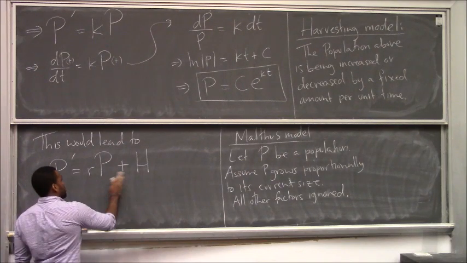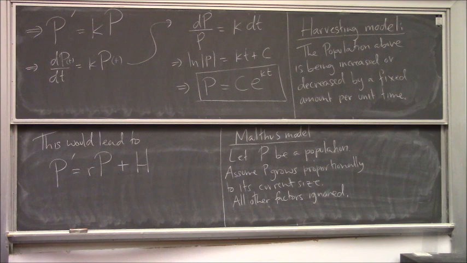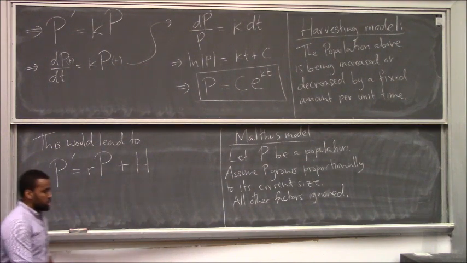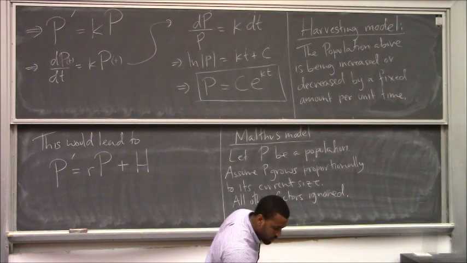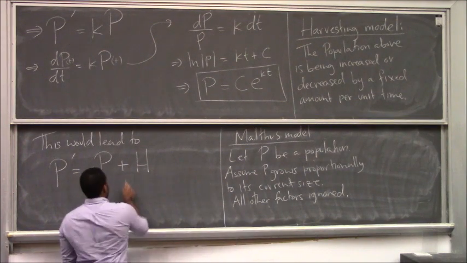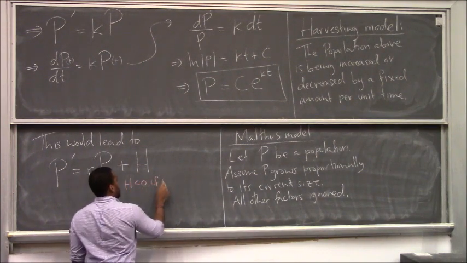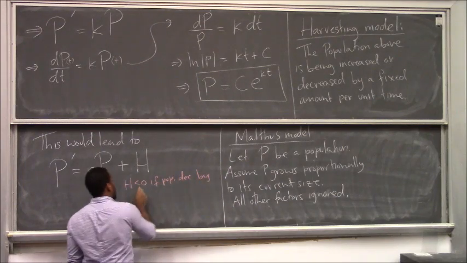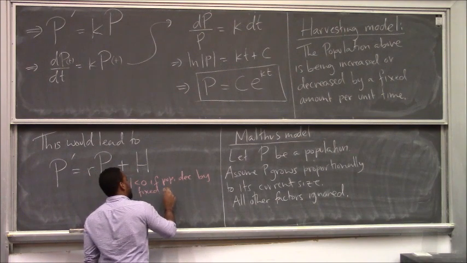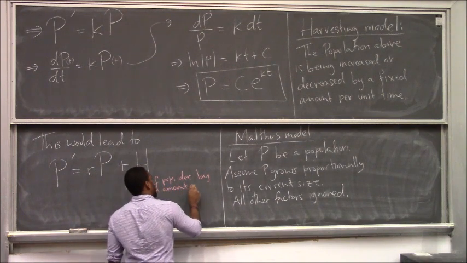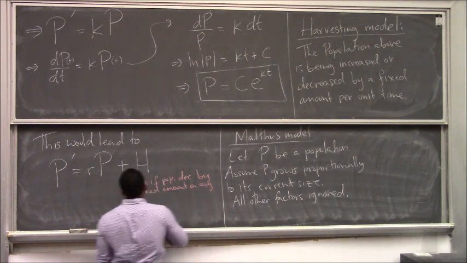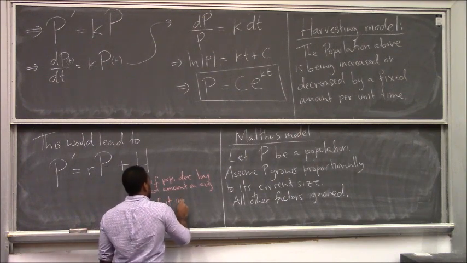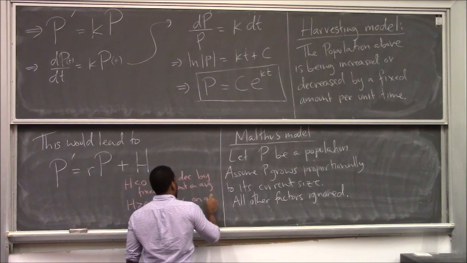So let's just keep it simple and think of it as plus h. So we would say h is a negative number if the population is decreasing by a fixed amount on average, and h is positive if it increases on average.